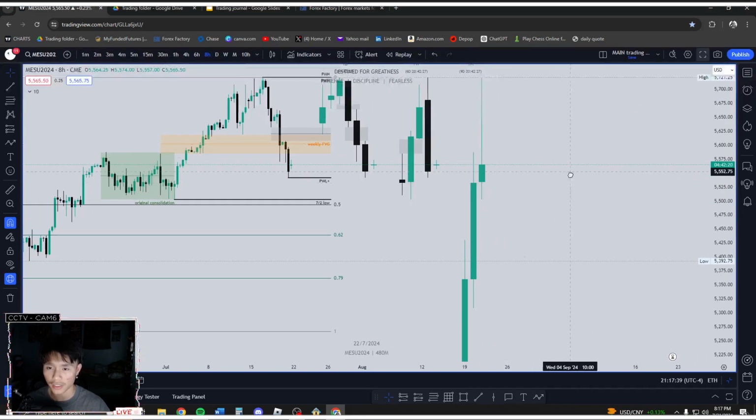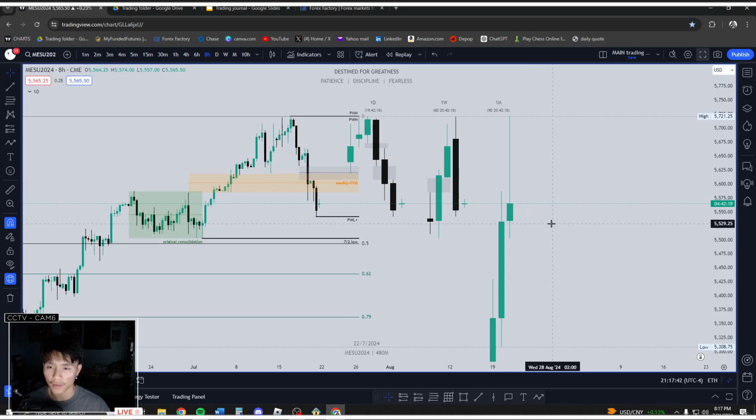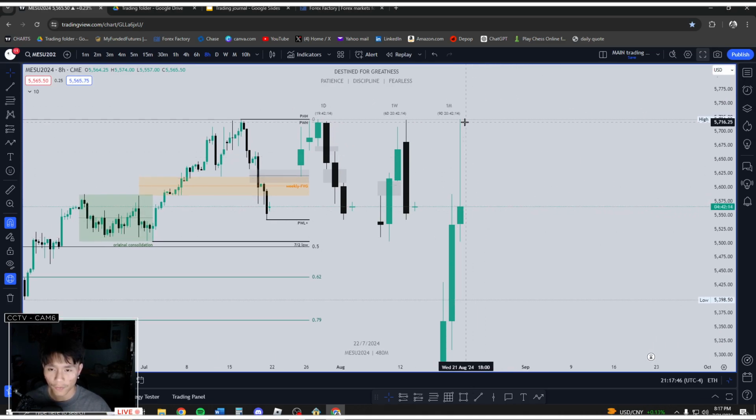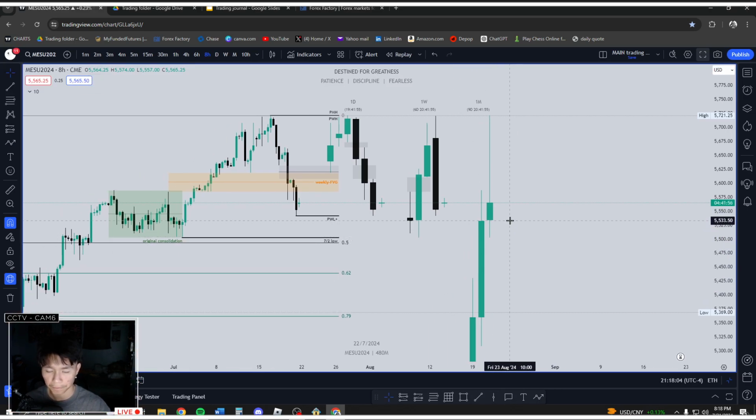We still have 9 days left in the trading month, but if we were to close on this monthly time frame right now, I would anticipate for us to take out this monthly candle's low and rebalance the monthly fair value gap. So that weekly fair value gap would actually support the idea of us continuing lower.